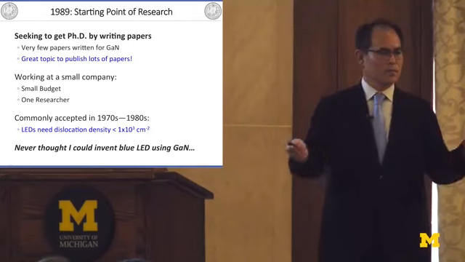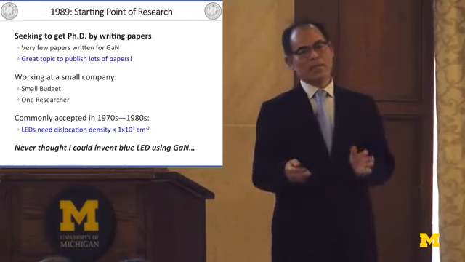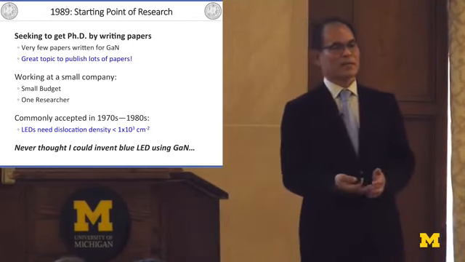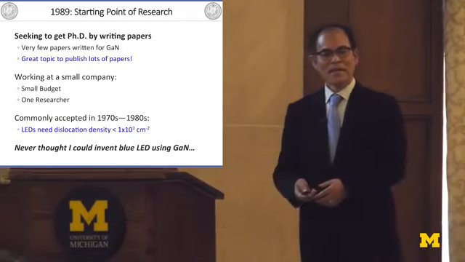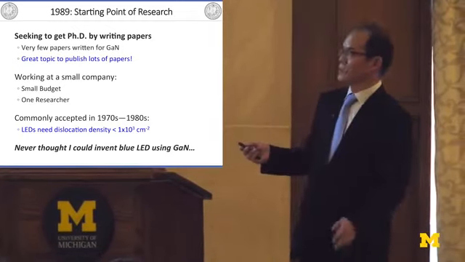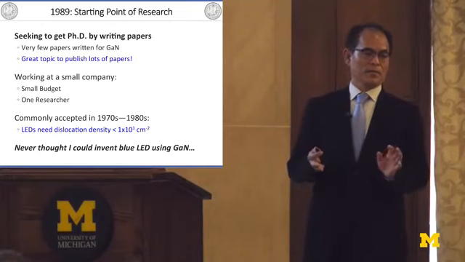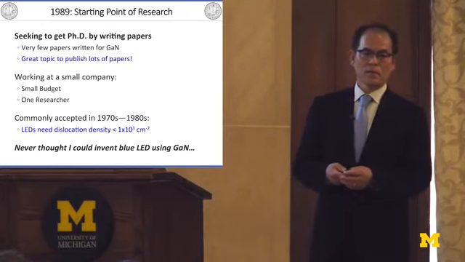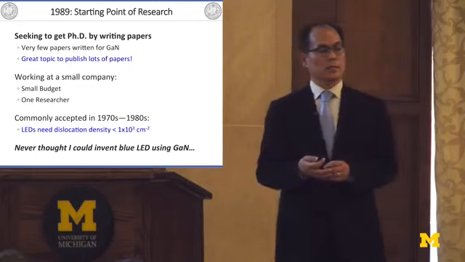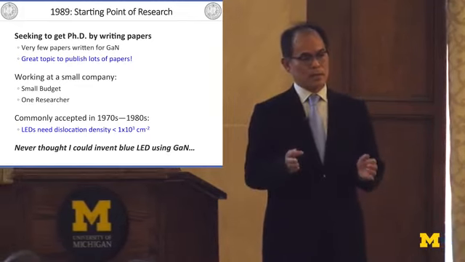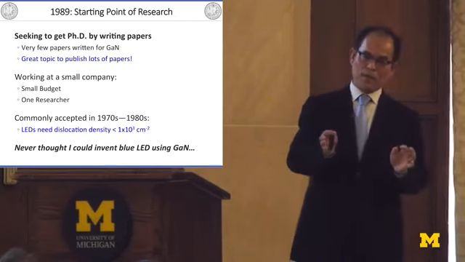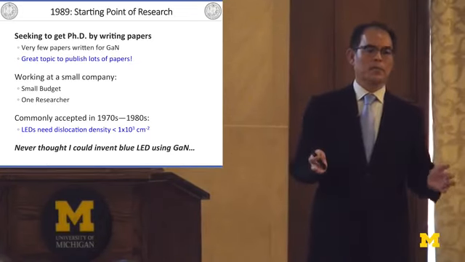So in Japan, nobody wants to go to the PhD course. But in the United States, it's a driver's license to become a scientist. So 1 year later, I came back to Japan. My dream was getting a PhD degree. At that time in Japan, we could get a PhD degree by publishing at least 5 scientific papers. It's called a paper degree. Just by publishing 5 scientific papers, we could get a PhD degree.